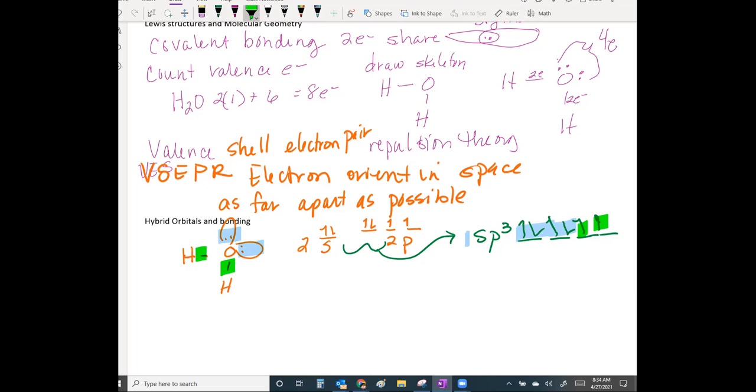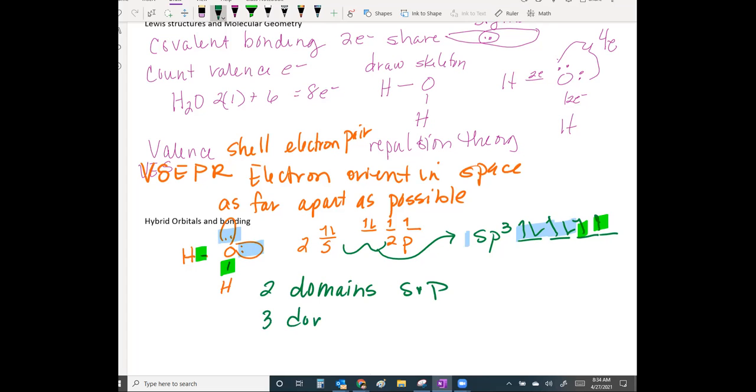Okay, so we hybridize. If we have two bond areas, which mean domains, let's call them domains because that's what we called them in class, you have an s and one p orbital involved. That means there are two more p orbitals not in use.